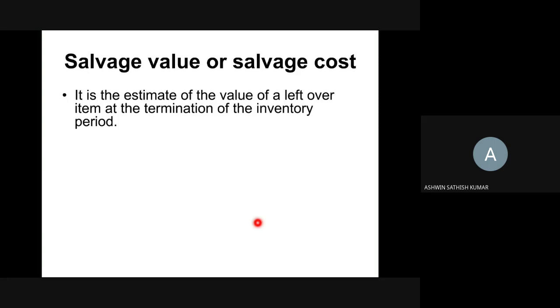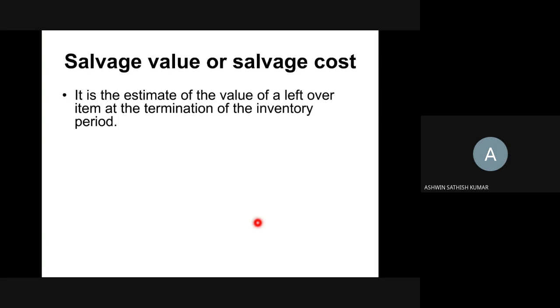Over the next day also you are not able to sell, so that banana gets perished. For that you have to call the sweeper to sweep the space, so you have to pay something. So here we have the situation for the leftover item. For the leftover item you have to pay something, or you may get something.